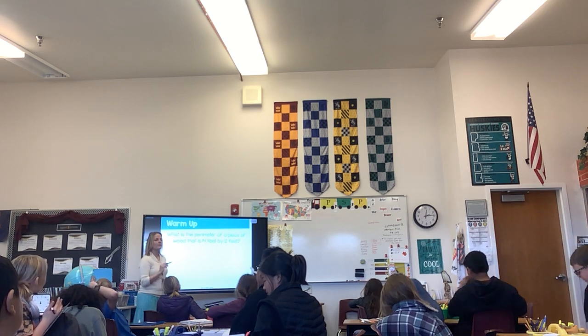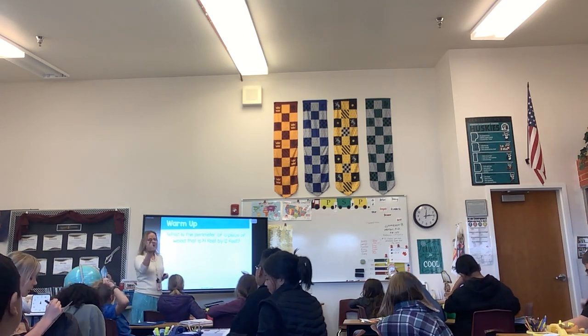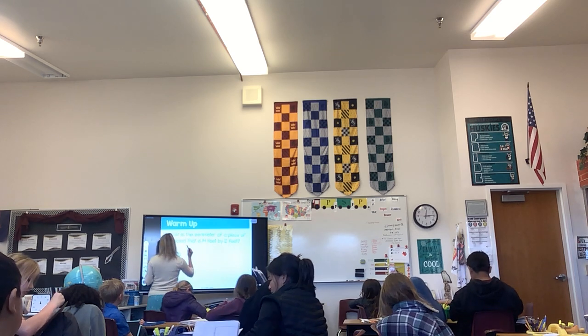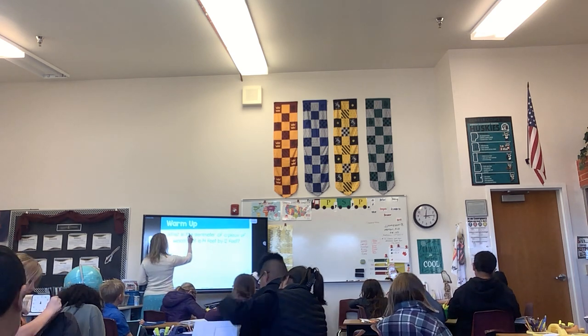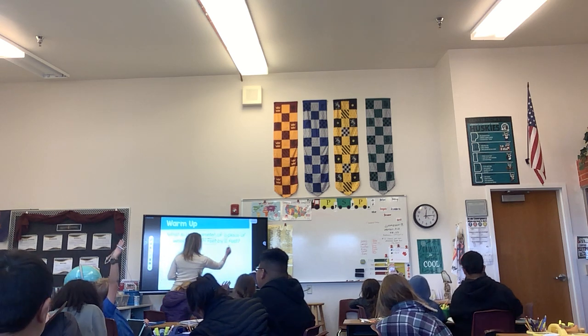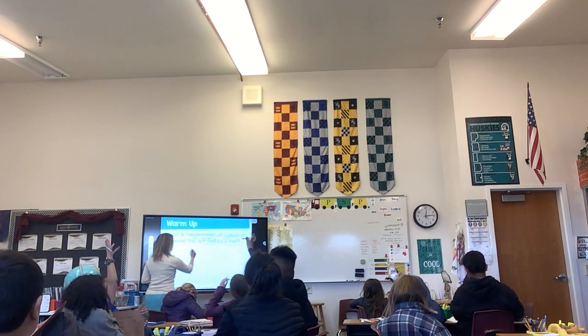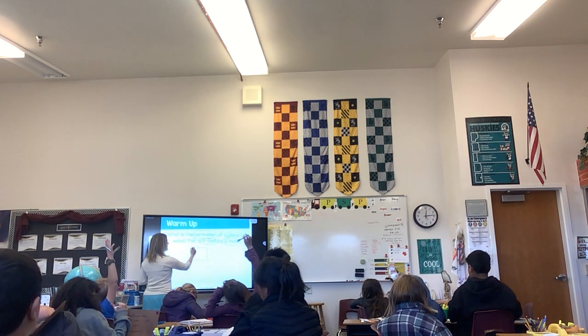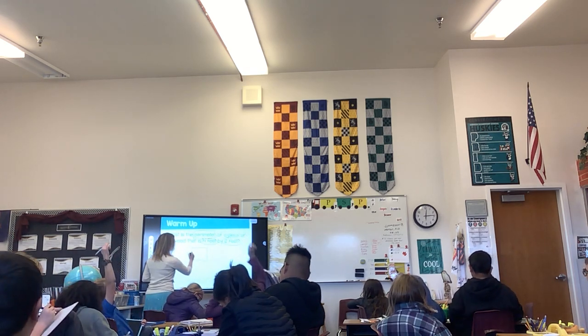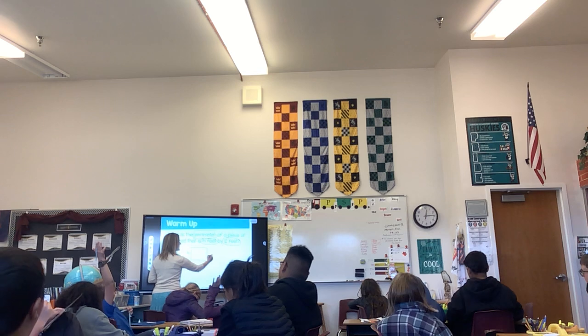Most of you remembered that perimeter means you have to add. But here's the thing. So here's the key word. We're figuring out perimeter. Okay. We have 14 by 12. Now look here. The perimeter is the outside. So if one side is 14, what is the other side? 14.